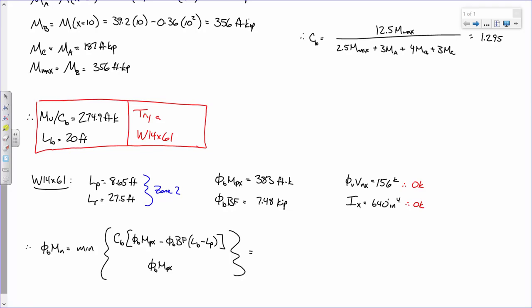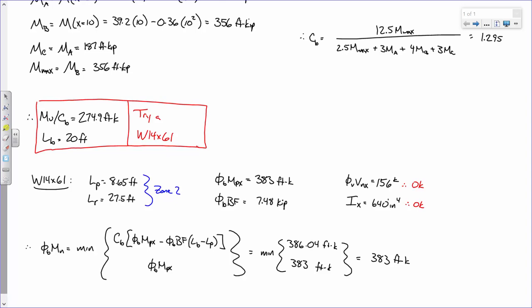So you got the minimum of 386.04 or 383. So 383 foot kips. Is that good? I mean, is that okay? Why? It's greater than MU, greater than 356.